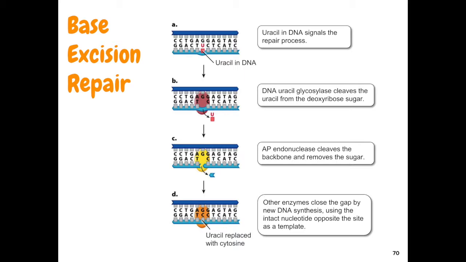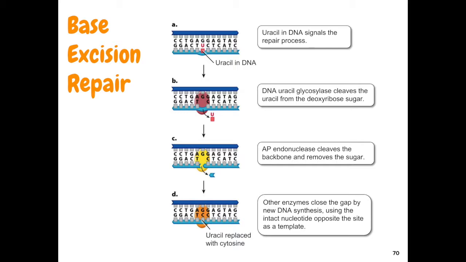An enzyme called uracil glycosylase is going to come in and cleave that uracil from the deoxyribose sugar, and then another enzyme called AP endonuclease is going to remove the sugar. Then an additional enzyme is going to add in the correct base. In this situation, uracil was plucked out, so cytosine needs to come in to match up with the template strand, and the gap's going to have to be connected using some sort of ligase enzyme.